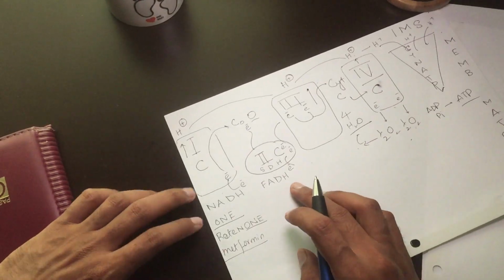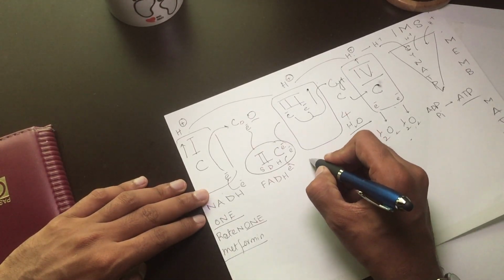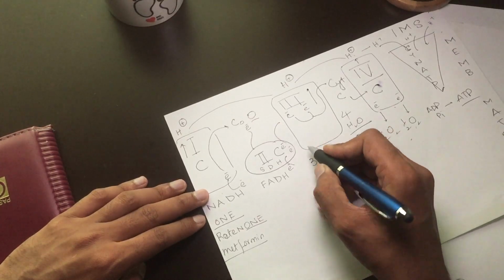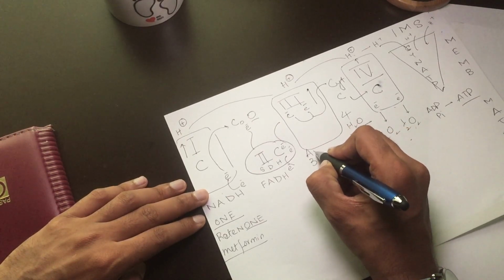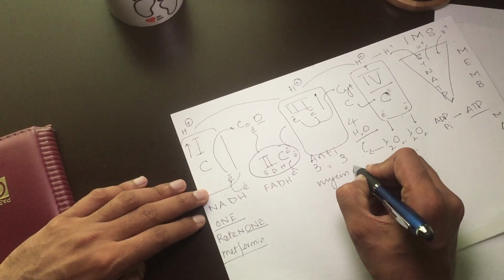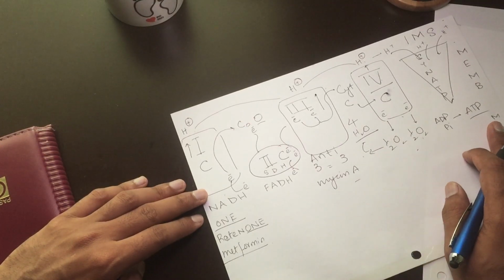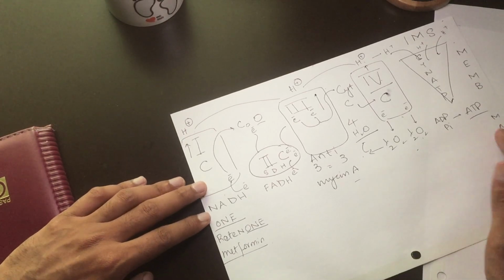The next one is complex 3. Complex 3 is inhibited by the drug antimycin A.